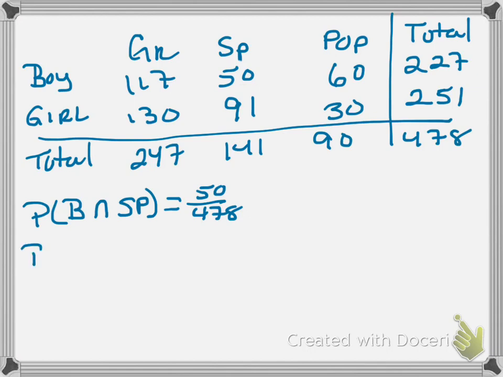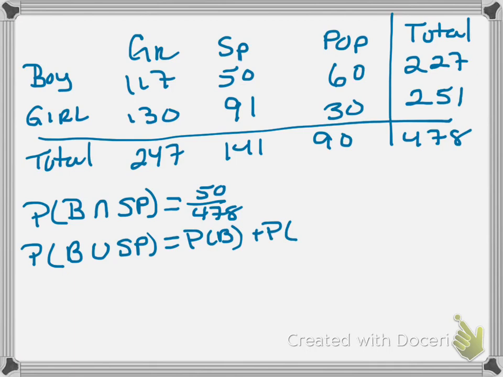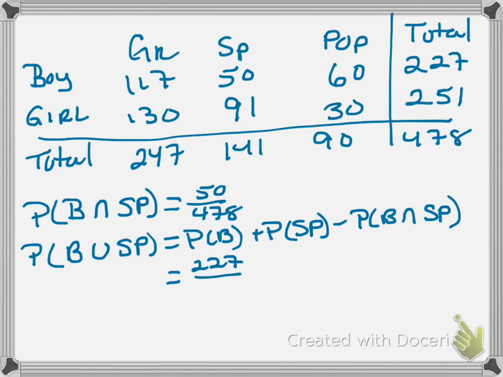What if now I ask the probability that it's a boy or they like sports? This is the probability that they are a boy plus the probability that they like sports minus the probability that they are a boy and they like sports. The probability of a boy is 227 divided by 478.